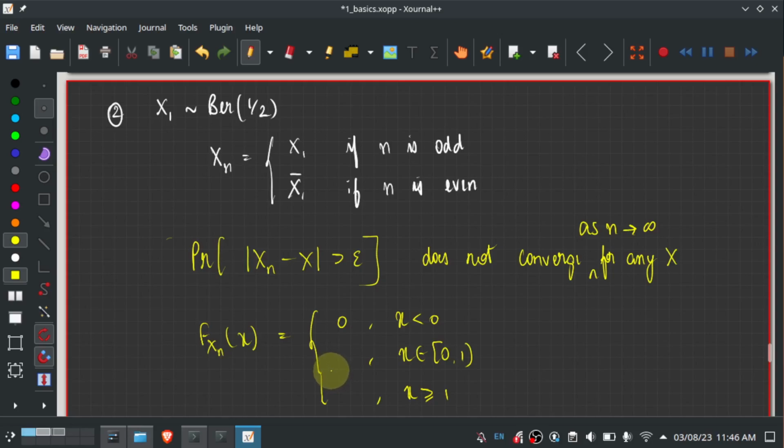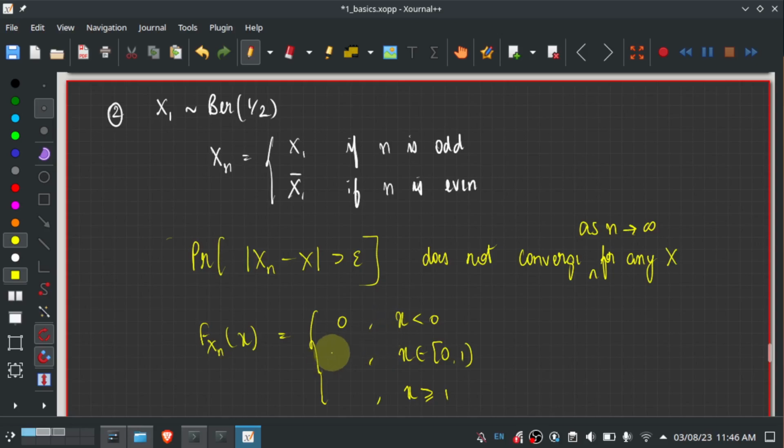Now, if n is odd, what is the value of the CDF for x between 0 and 1? Someone said 1 by 4. This is one particular n, right?